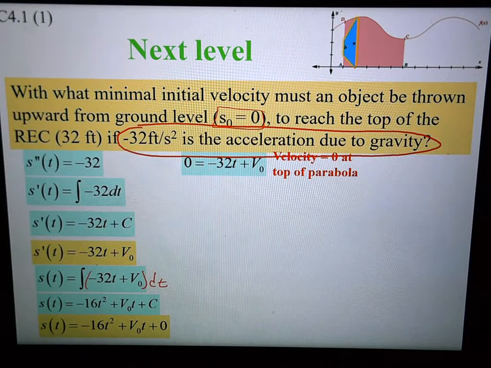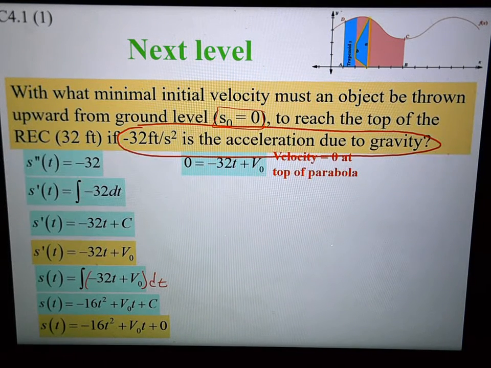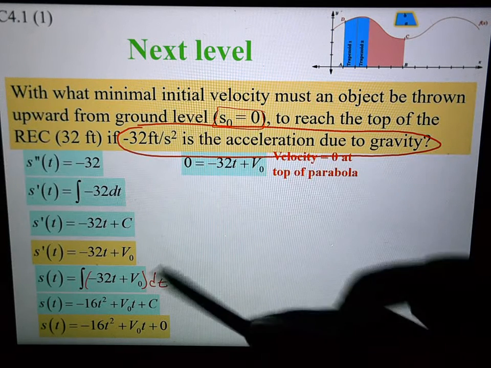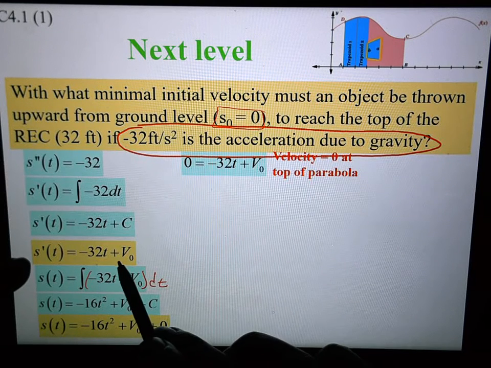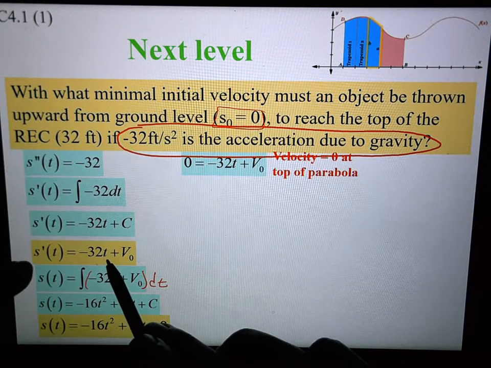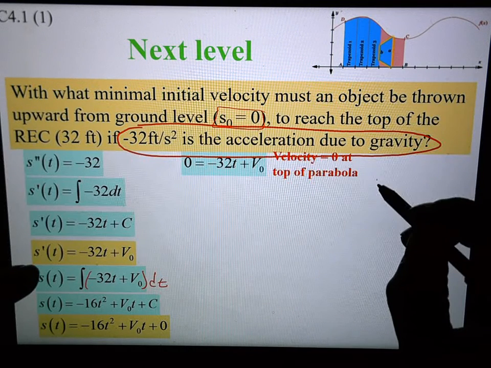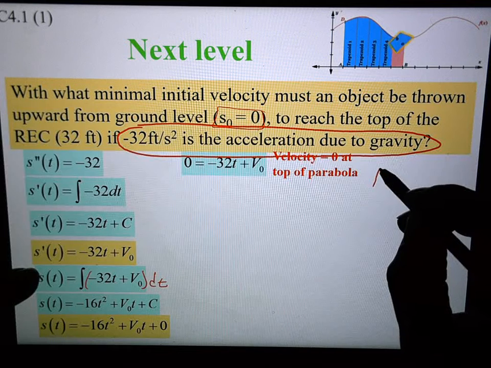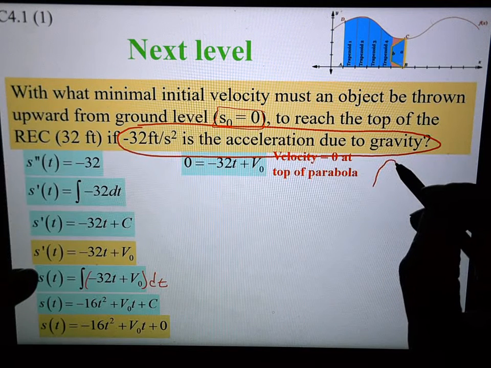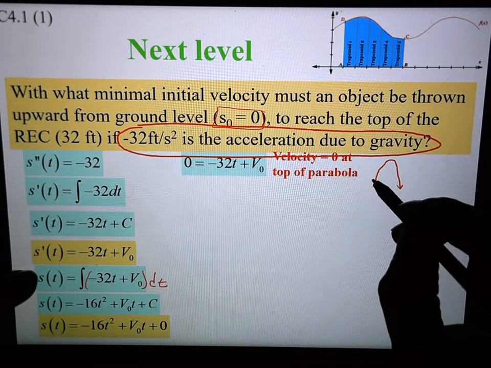I'm going to take this equation and I want to figure out when the velocity is equal to 0. Let me give you a little picture. If an object goes up, it goes up, it goes up, and then it starts coming down.